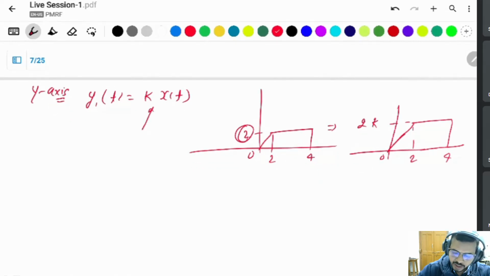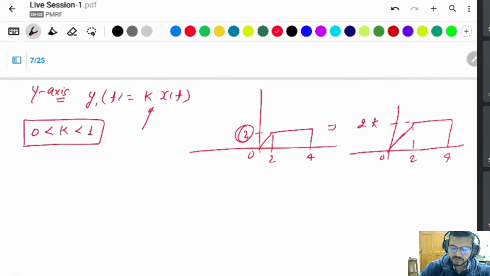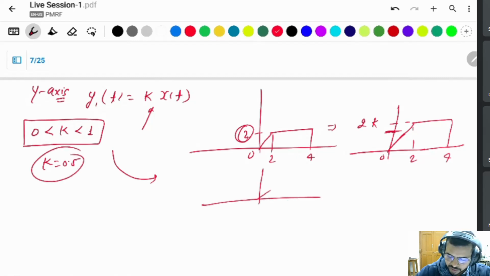This is the gain. Suppose k is greater than 0 and less than 1. Then the signal is scaled down; like k equal to 0.5, then 2 becomes 1. Very simple thing.